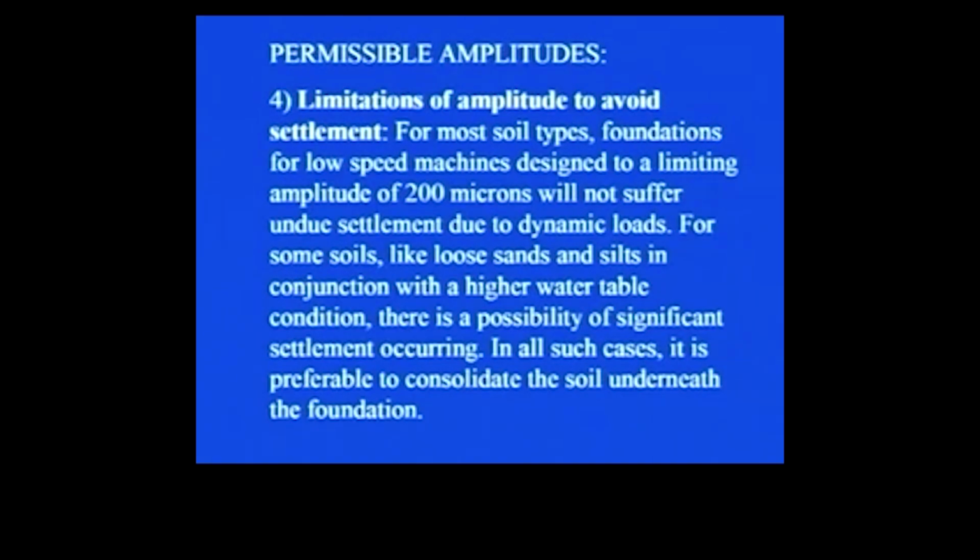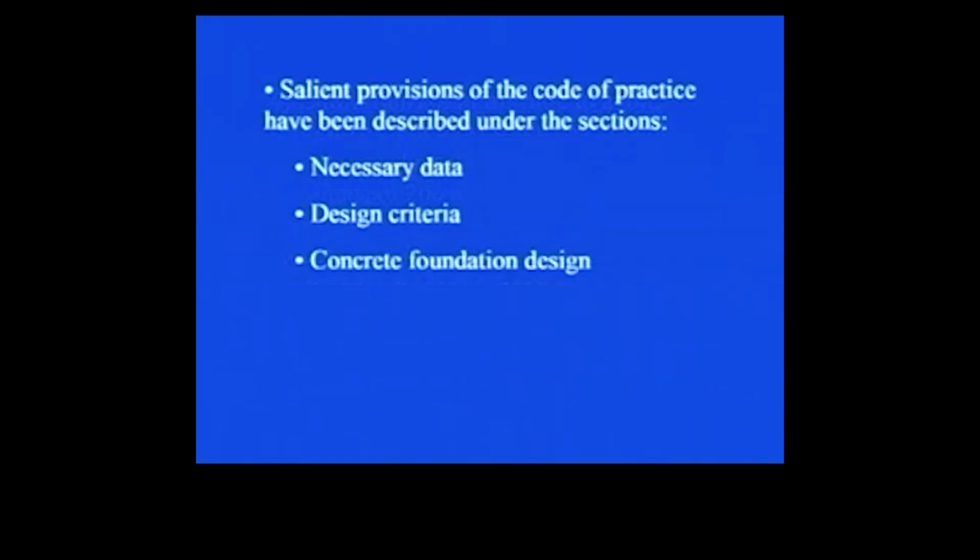So, we were discussing this necessary data and design criteria, and in that we saw some of the data which is necessary that the machine manufacturer should provide to us, and some of the data which we should gather regarding ground and site characteristics.